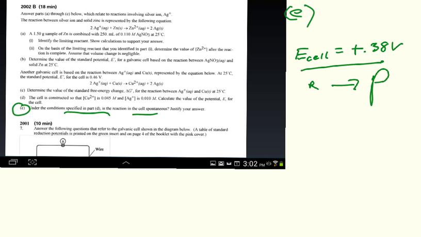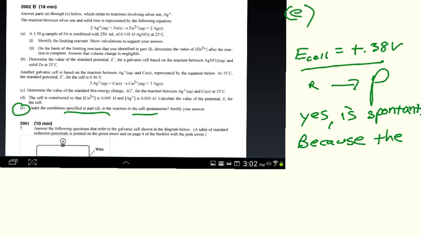So yes, the reaction is spontaneous. And I don't really have room here, but you would want to spell it out. And the rationale is because the cell potential is positive. It's as simple as that. I think you're done. You could talk about delta G if you wanted to, but I think that that's plenty of evidence.